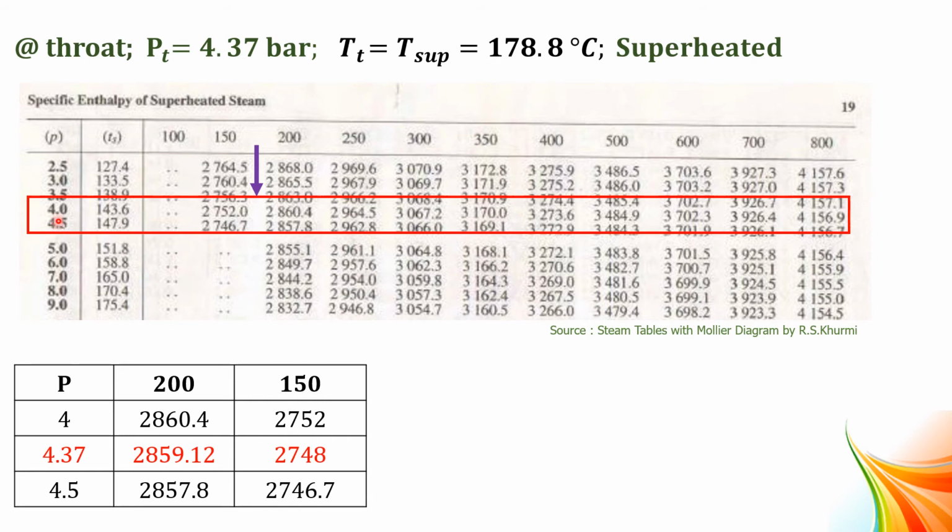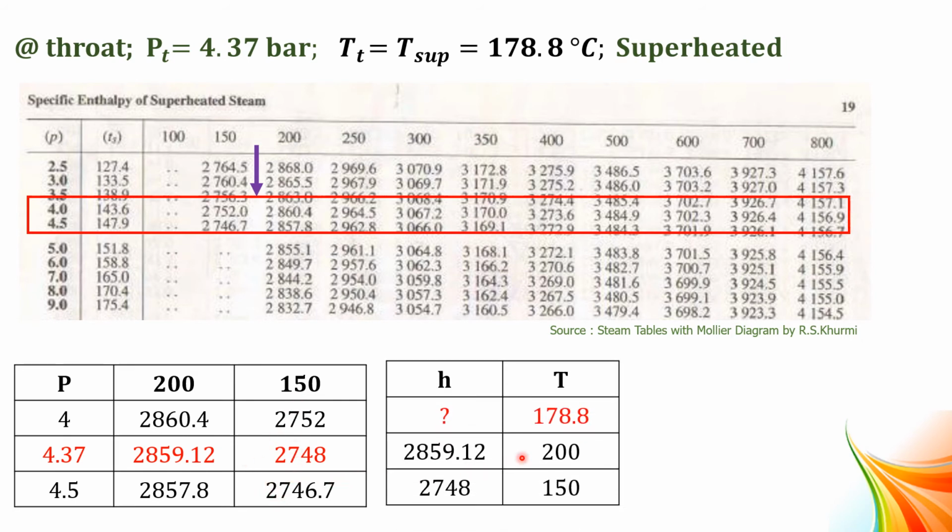Similarly, take the values corresponding to 4 bar 200 and 4.5 bar 200 degrees centigrade; we get the corresponding enthalpy as 2859.12. Now interpolate these two values and we will get the corresponding superheated enthalpy.